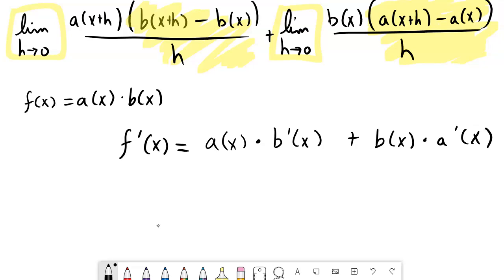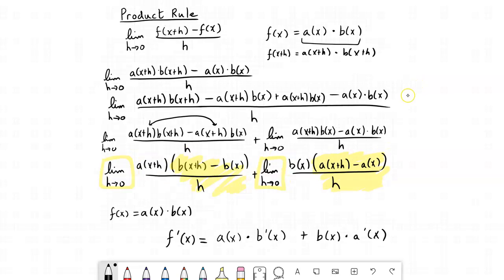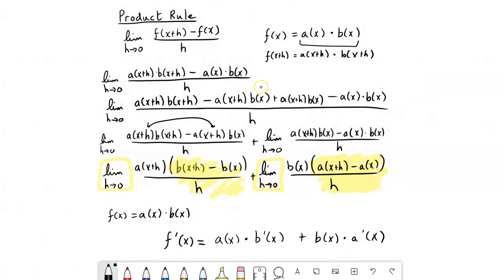You take the derivative of one and keep the other the same, you multiply them together, and then you do the flip-flop of it: you take the derivative of the other and keep the first one the same. Okay? So this is the idea of the product rule. It's an interesting derivation, right? We had to introduce a weird term that made no sense in the beginning, but it allowed us to do a lot at the same time. So that's all for this video, and next video we'll be doing some examples.